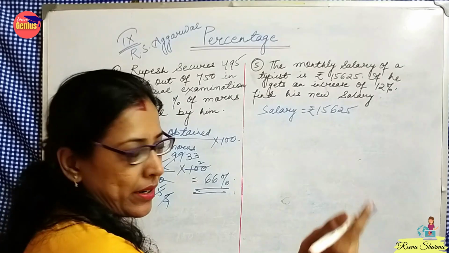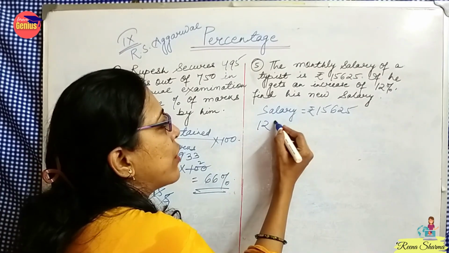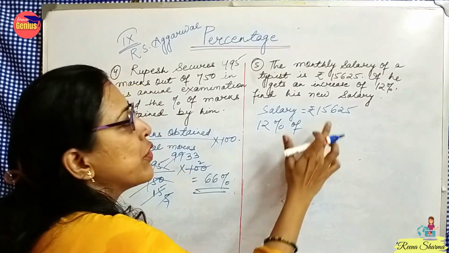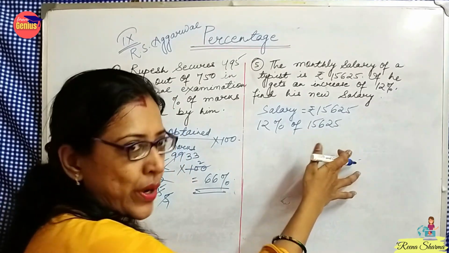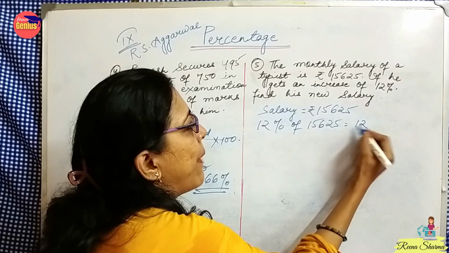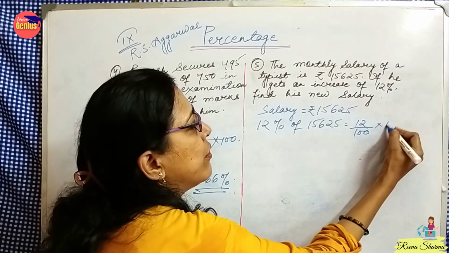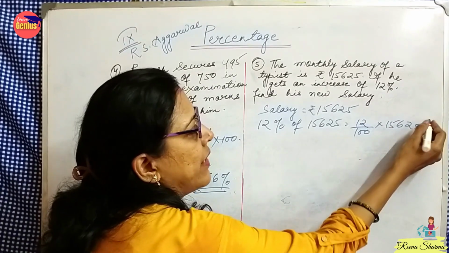Now first I have to take out 12% of this. 12% of this means 15,625. So 12 by 100 into 15,625.